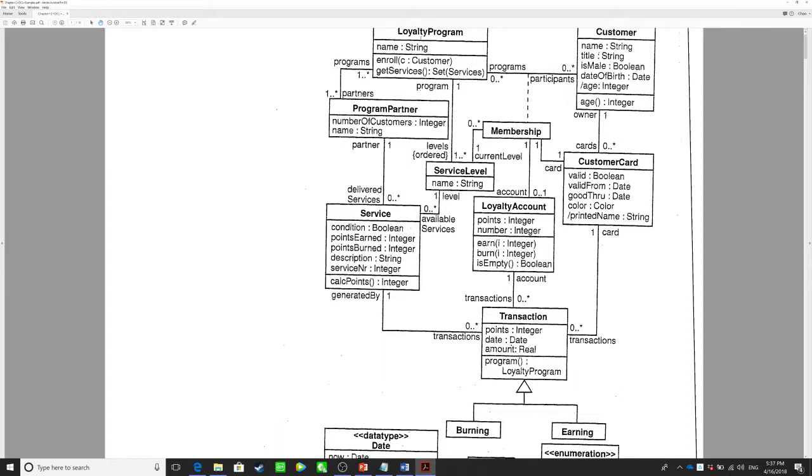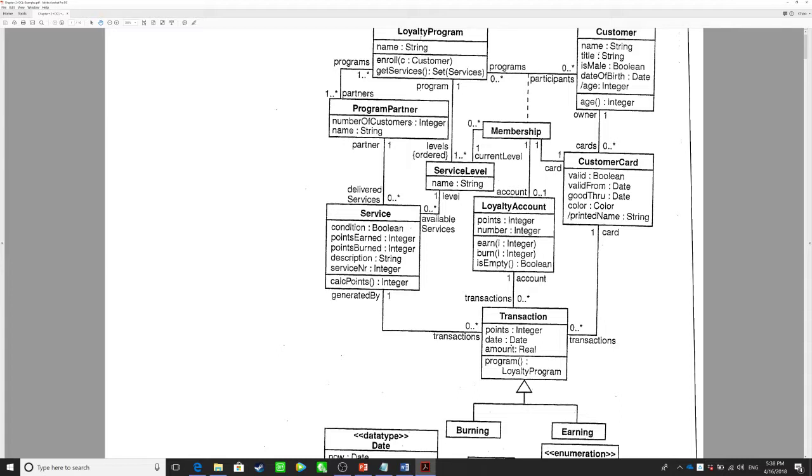Basically, let's assume there are many of them, because this company's customers include different organizations, different airlines. For each of these programs, they are running a loyalty program instance. Maybe they're running on different servers.